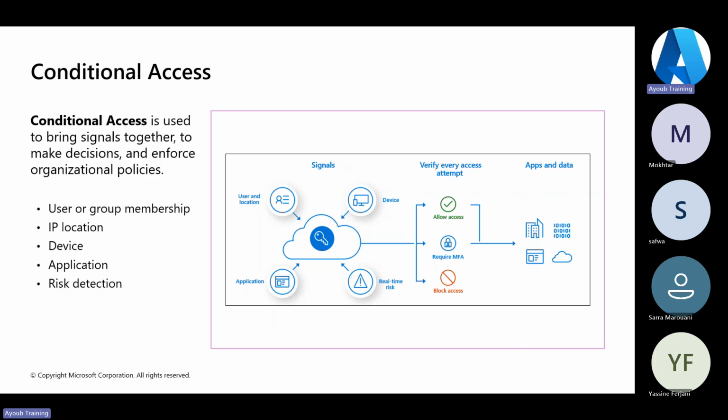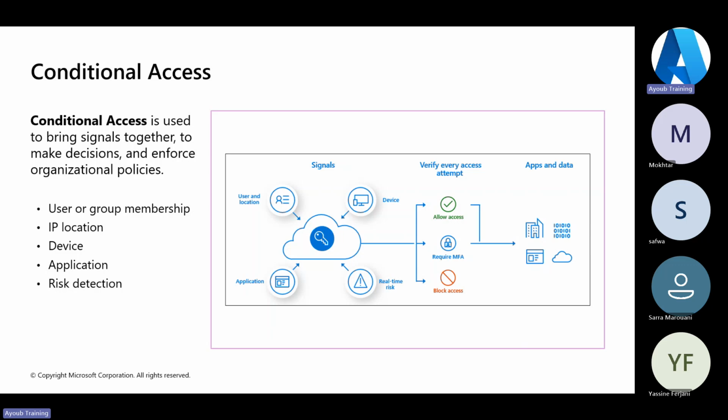I'll give you a real example with me. IP location. For example, I remember last year I worked in Tunisia for 2 weeks. When I started working there, I couldn't access Azure or any other services. So I called the security team, and they allowed the IP address for Tunisia to connect.